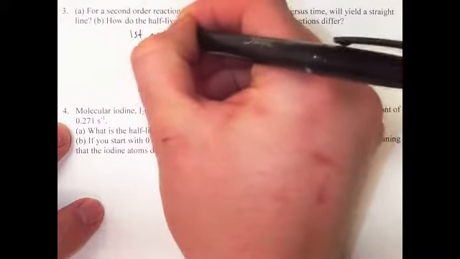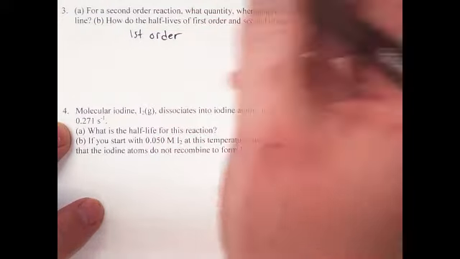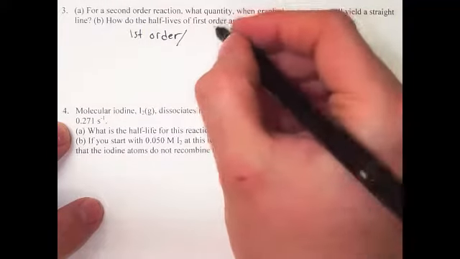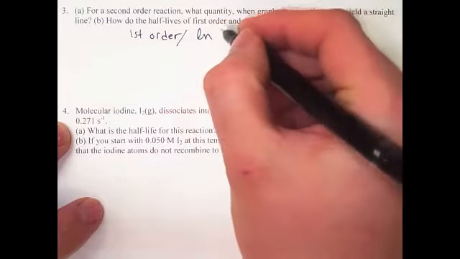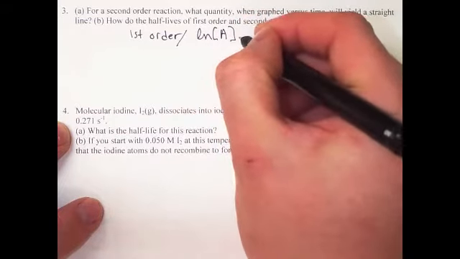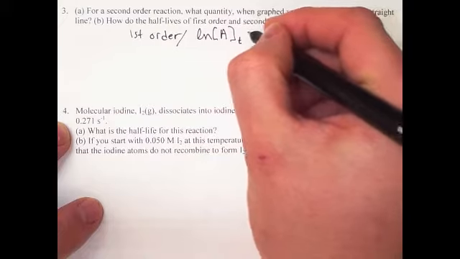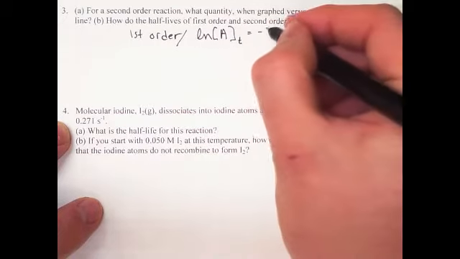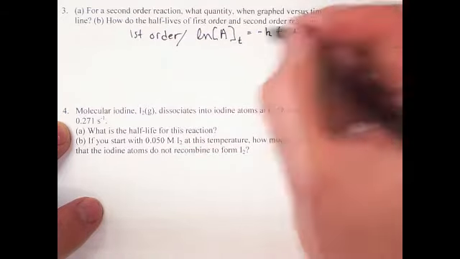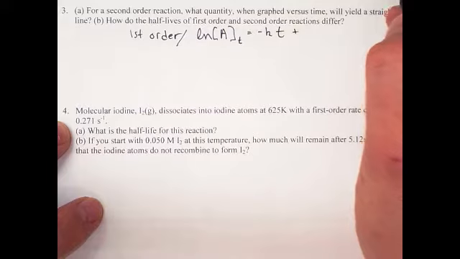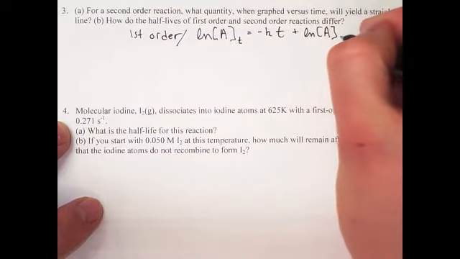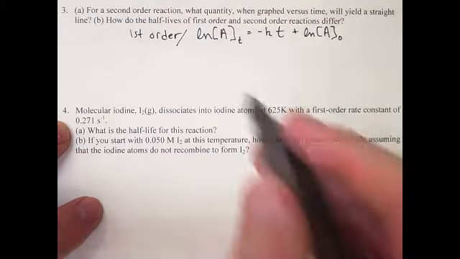For first order, if you graph on the y-axis the natural logarithm of the concentration of your reactant at a given time, versus the time in seconds or in minutes, depending on what you're after, then we of course have the slope, depending on your rate of reaction, and of course the intercept is the ln of the original concentration. That's for first order.